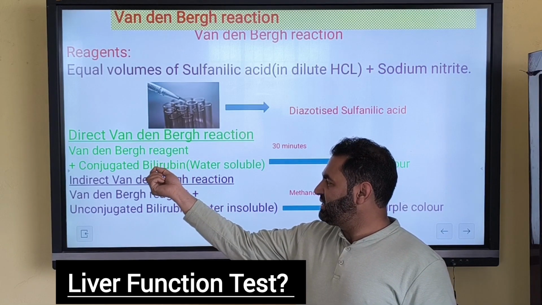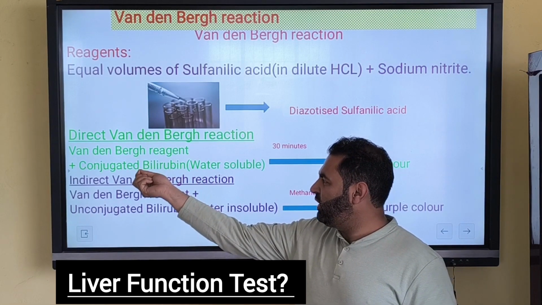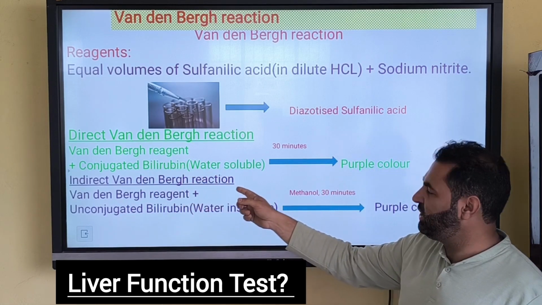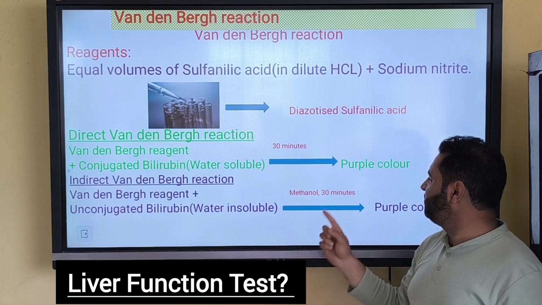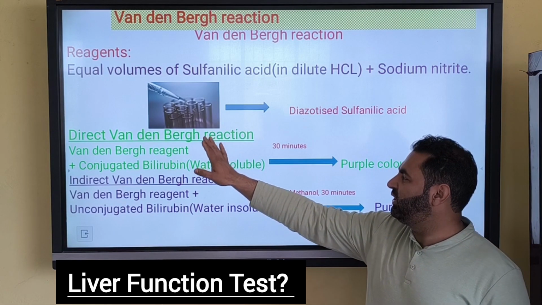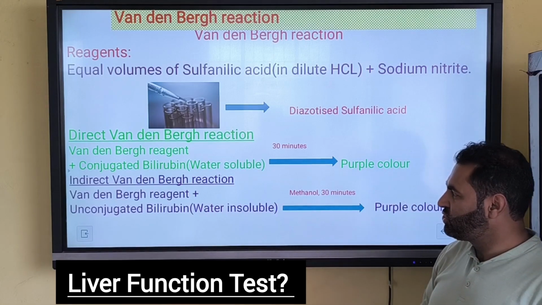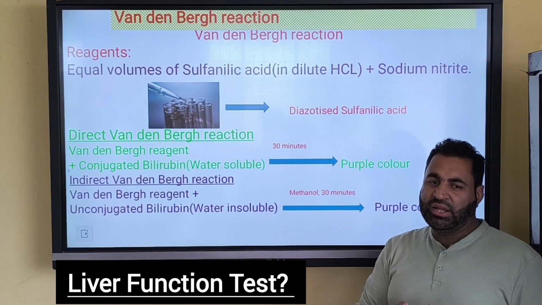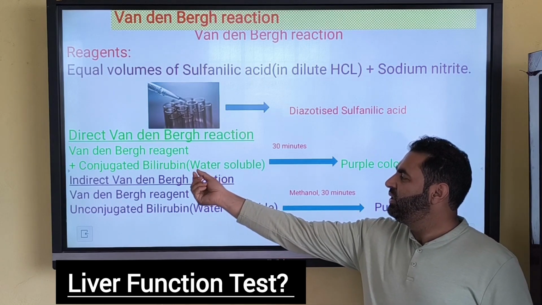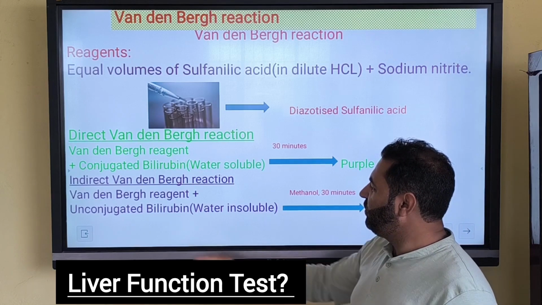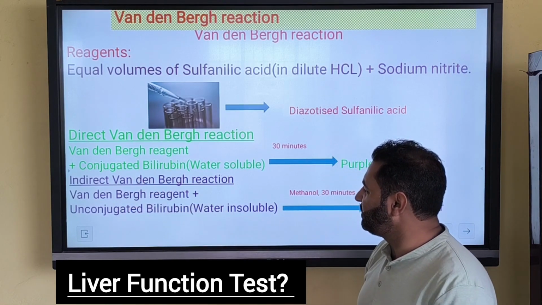Because it is water soluble, it will immediately react with Van den Bergh reagent, and within 30 minutes we will get a purple color. This is called the direct Van den Bergh reaction. It tells us that conjugated bilirubin is present. Then we have the indirect Van den Bergh reaction.